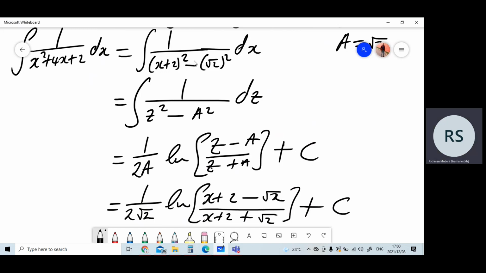We completed the square in our quadratic, and then we chose z and a and substituted back z and a, and then we're able to see which formula this is. It helps us to evaluate our integration. So after integrating, we substitute back z and a. It's just that simple step there. So this is the integral of 1 over x squared plus 4x plus 2. Okay, and then you're done. Full marks.